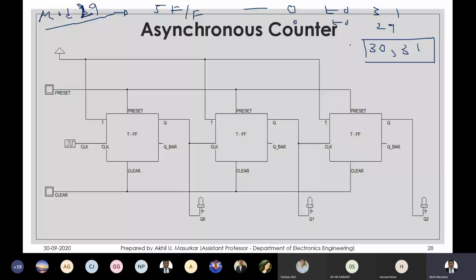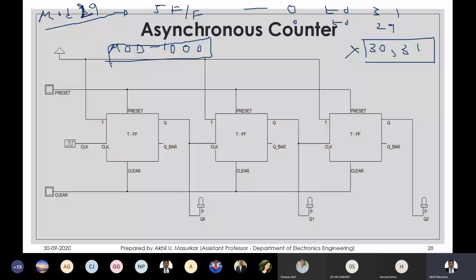Okay, another example. Sorry, this is 0 to 28, not 29.